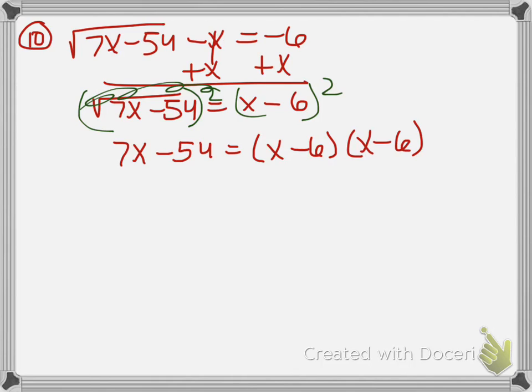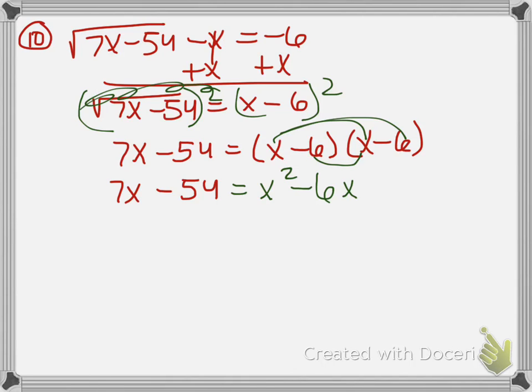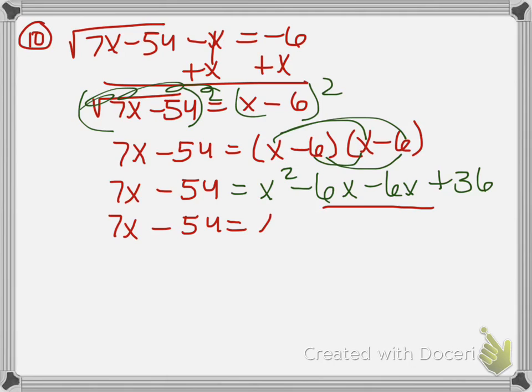We do FOIL. Rewrite the left side first. Then x times x is x squared. x times negative 6, negative 6x. Negative 6 times x, negative 6x. Negative 6 times negative 6, plus 36. We rewrite the left side and combine these two in the middle, which gives me a negative 12x.